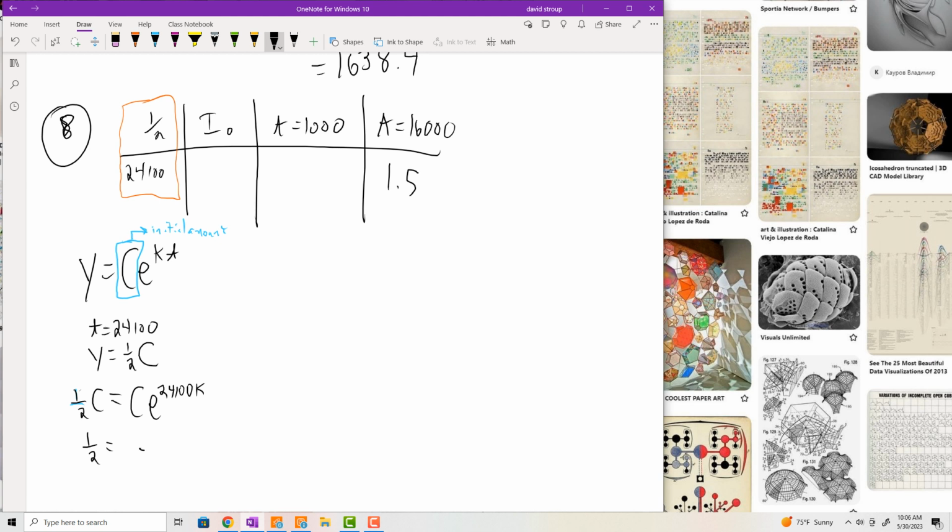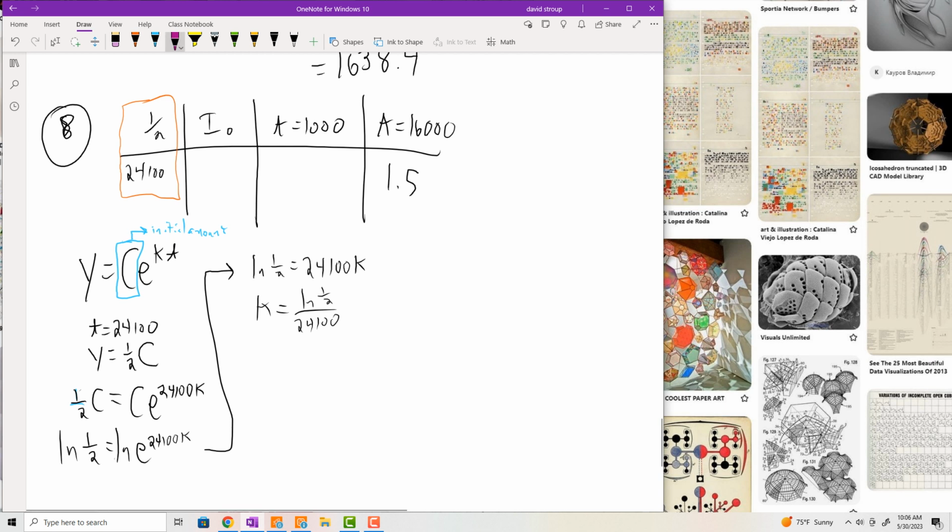Get 1/2 equals e to the 24,100k. Take the natural log on both sides. Divide by 24,100. And I've solved now for this k variable. Right? So I can rewrite my equation.